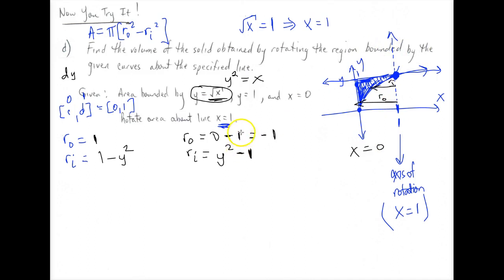So you can see that what I have here for the outer radius and inner radius is the exact opposite or the negative of what I have here.